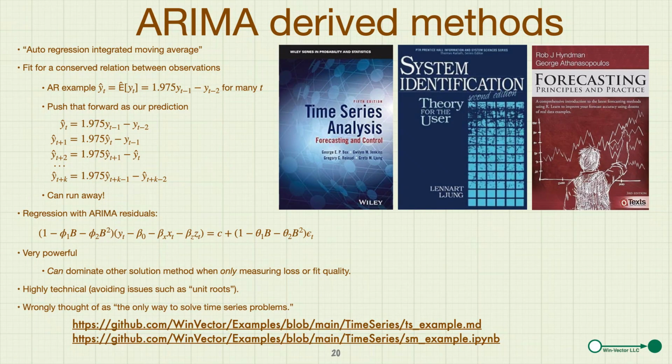The next set of methodologies, which is related to this set and to how that Stack Overflow prediction was done, are the ARIMA methods. These are the so-called autoregressive models, where there's some variable, call it y, that we're measuring, and the current value is related to the value 1 time tick ago and 2 time ticks ago. For instance, the expected value of y might be 1.975 times y previous minus y previous minus 2.